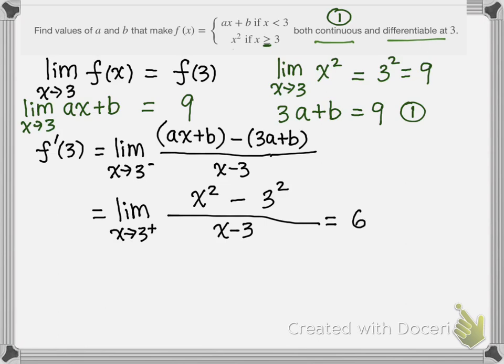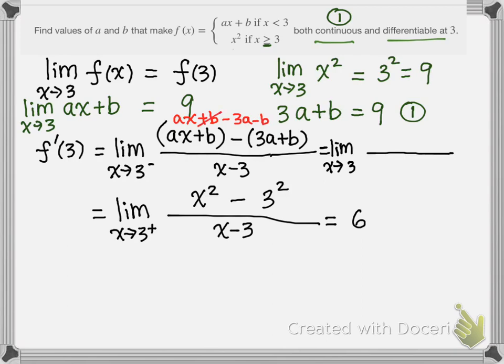Now, what about the limit on the top? It is the limit as x approaches 3. If you expand it, you have ax plus b minus 3a minus b.